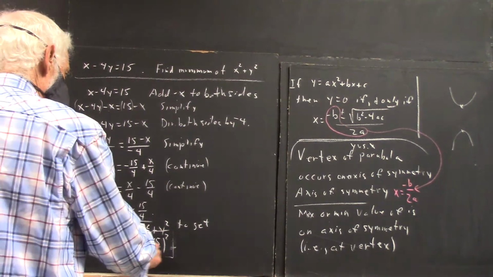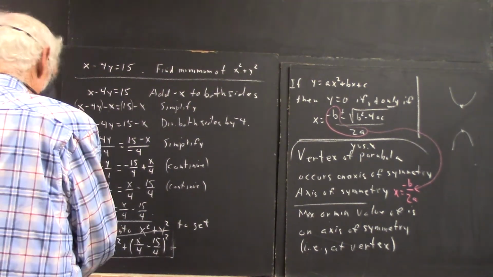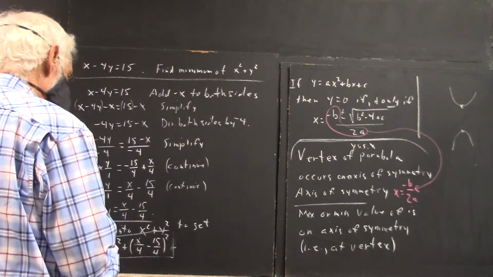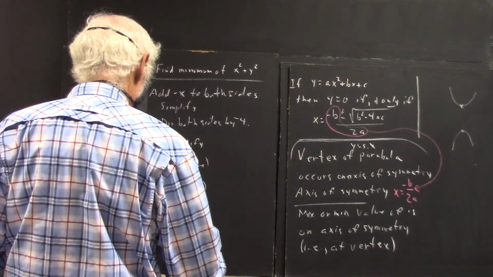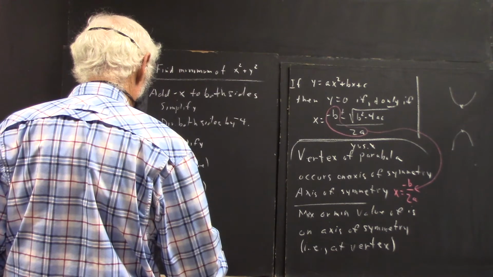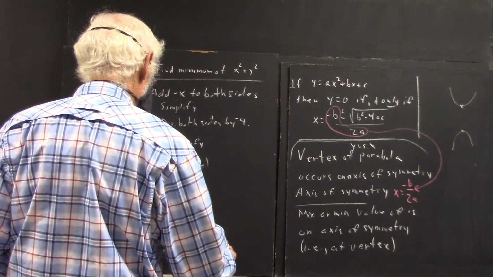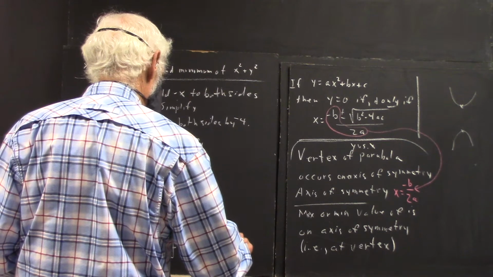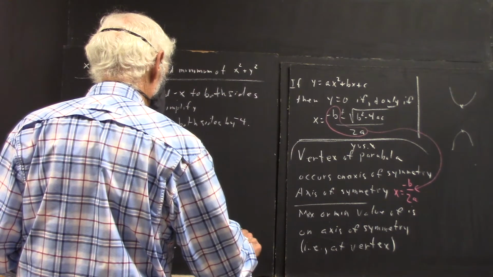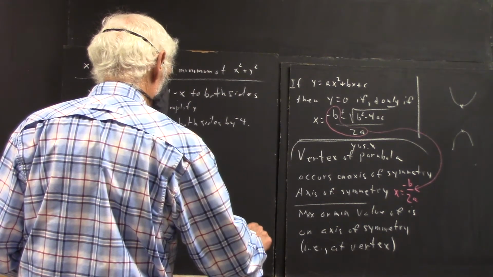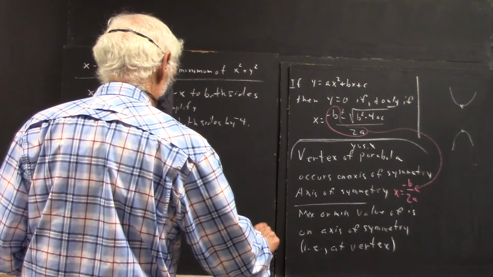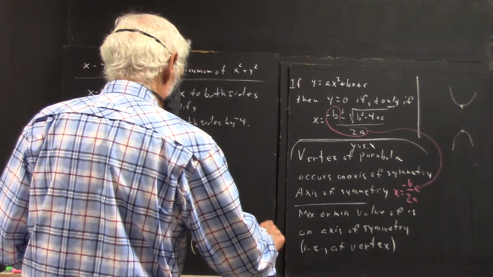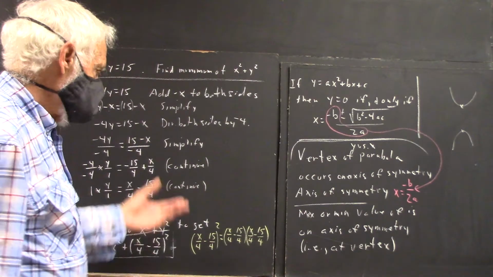Now, we square this, so we're just going to kind of do that before we go on. To square this, there's a special formula.